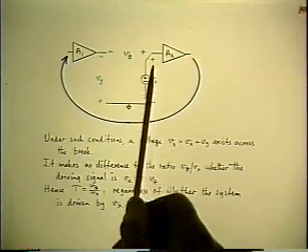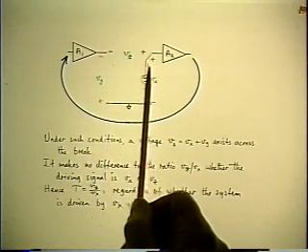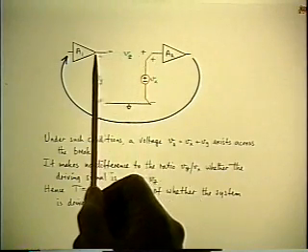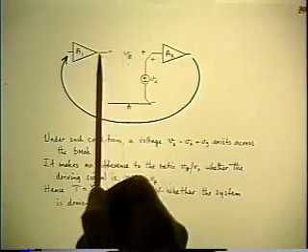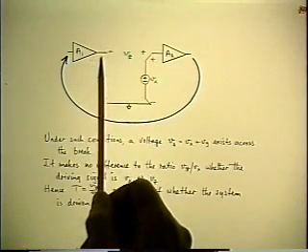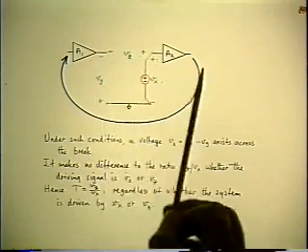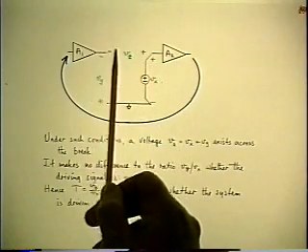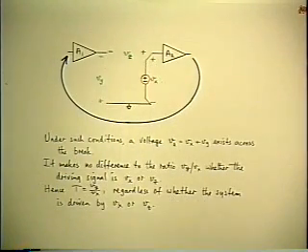It reads 9 or 11. Which one? It's going to read 11 because of the polarities. See, this is plus 1, this is minus 10. Vz is 11. So if I put the voltmeter across there, again assuming it's ideal, floating and so on, it's going to read 11 millivolts.